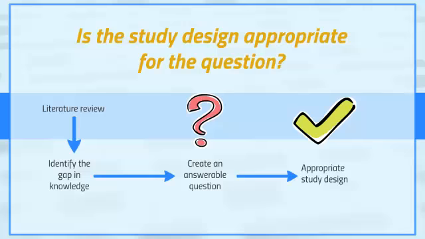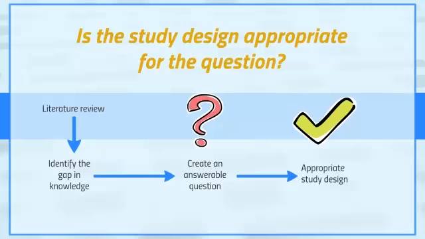And from understanding where the gap lies, we can then say, okay, great, what question can we generate to fill that gap, to add to knowledge, to generate additional hypotheses, to answer hypotheses. And then we can create a question. And with creating the question, shown by the question mark, we can then say, okay, great, what study design best answers that clinical question?